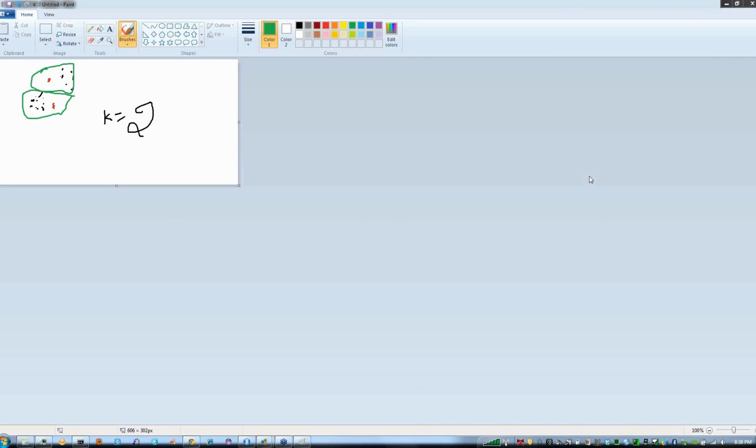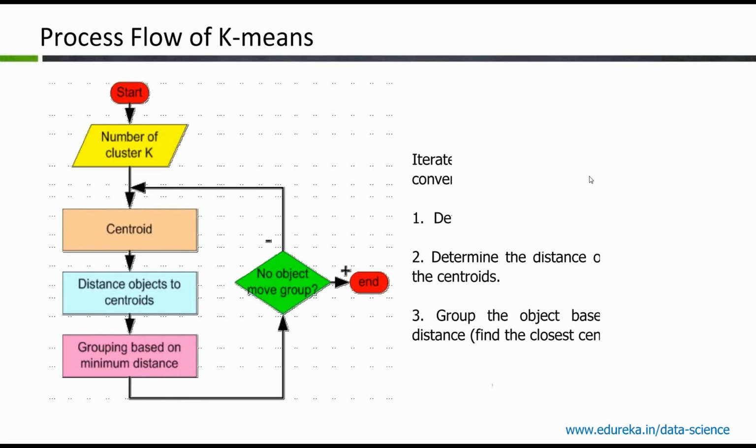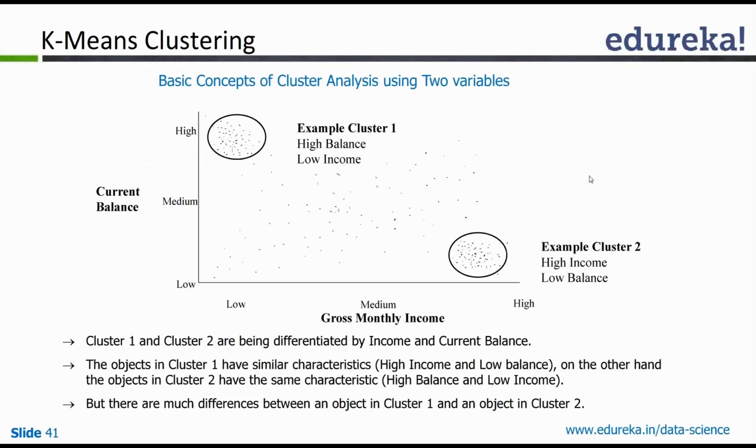Sudhir says we can use the same low balance and high. So he's just saying that in this particular example, which is good, Sudhir. In this example, the number of people in this particular cluster may be totally different from the number of people here. There may be very few people with high income and low balance, but depending on if it's a developing country, there'll be a lot of people in this particular cluster than this cluster.